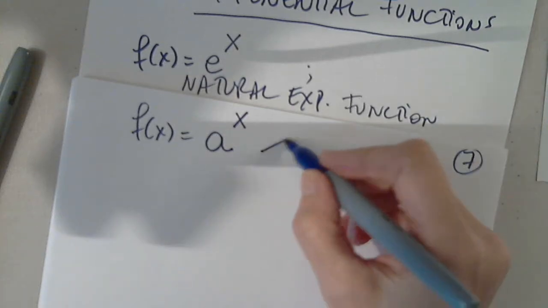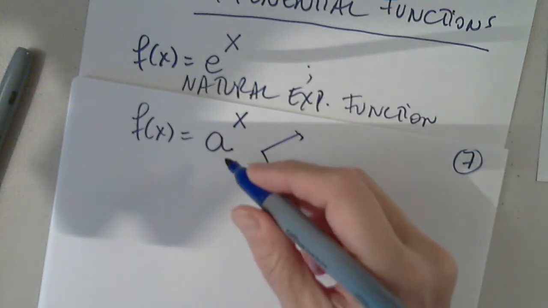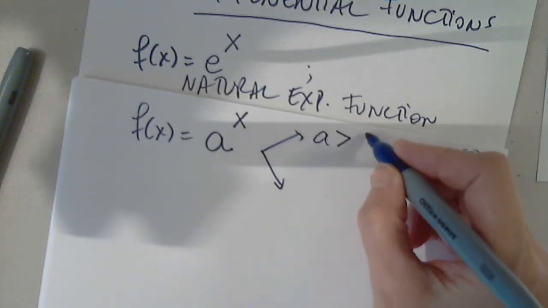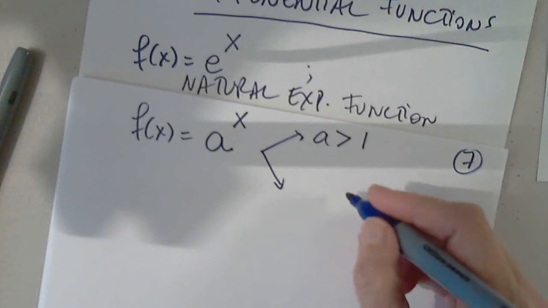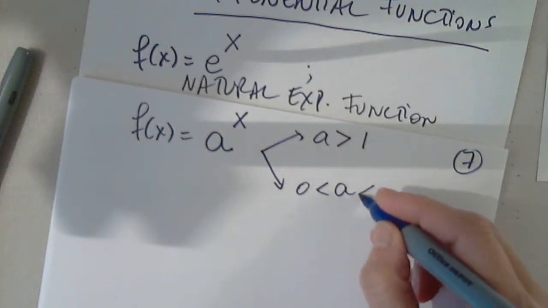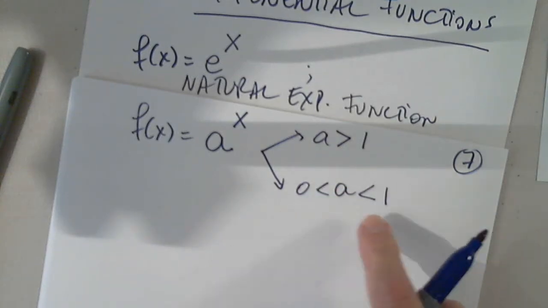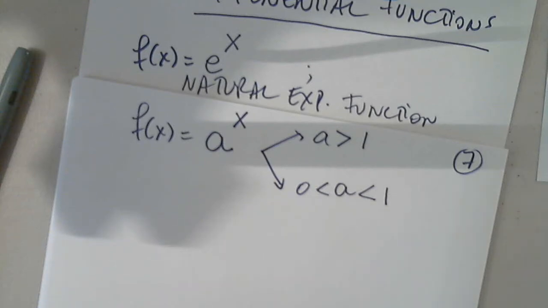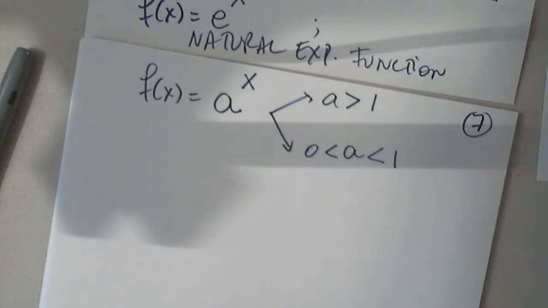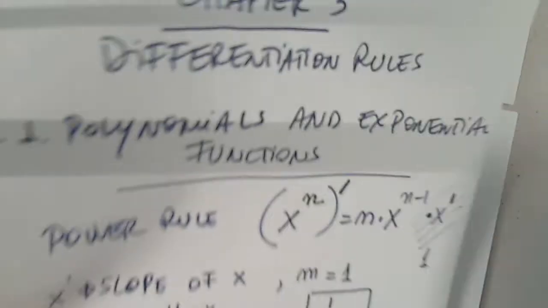If you remember, the base in this situation for the exponential function can be either greater than 1, or between 0 and 1, not 0, not 1, not negative. Okay, so we have a few formulas that we acquired so far.